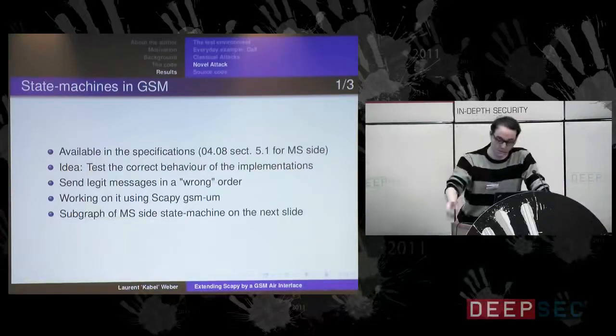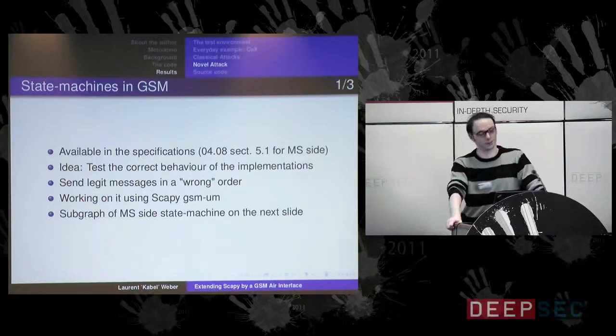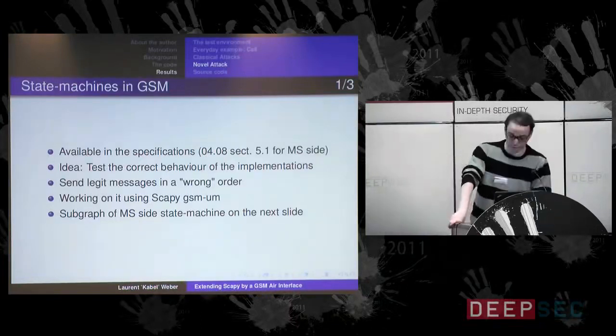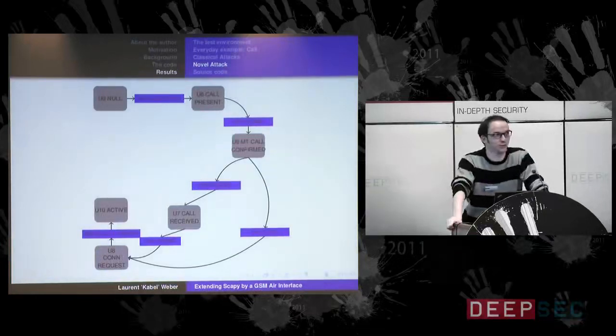So, as I said, there are so many possibilities. If you are not reverse engineering the baseband stack on the other side at the same time, some black box testing will take you very, very, very long.